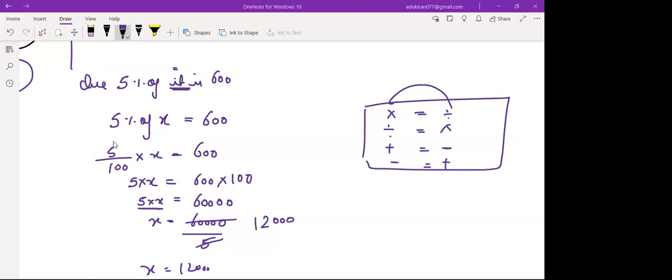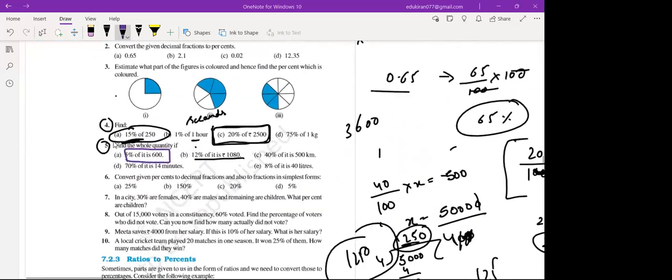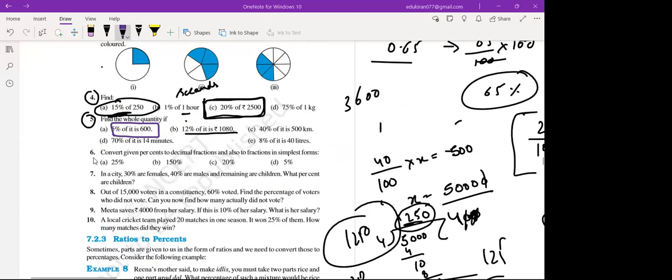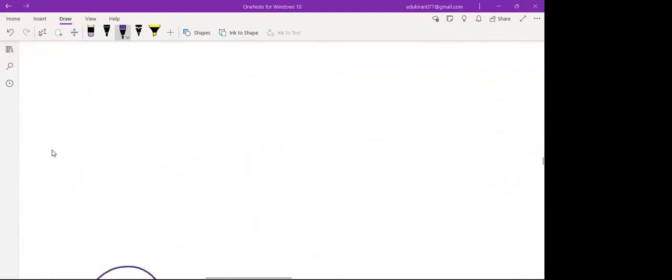Okay. Now let's just move to the next part, which is question number 6, right? Question number 6 says convert the given percentage to decimal, fraction, and also to fraction in simplest form, right? So I think you know this. You remember when I gave you one table, right?